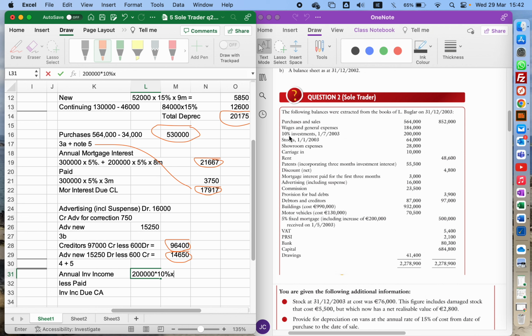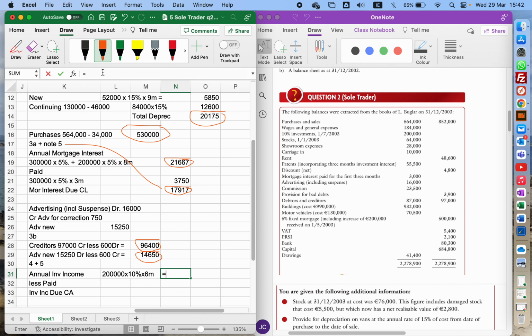We had it from the 1st to the 7th, so that means we had it for 6 months. So that is 200 grand, 10% times 6 over 12. So 10 grand is the amount of money we should have received.